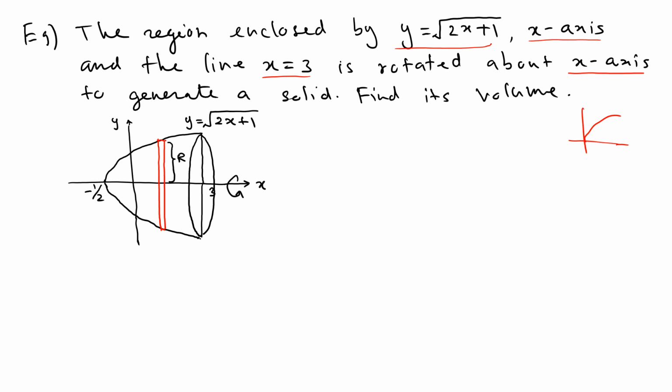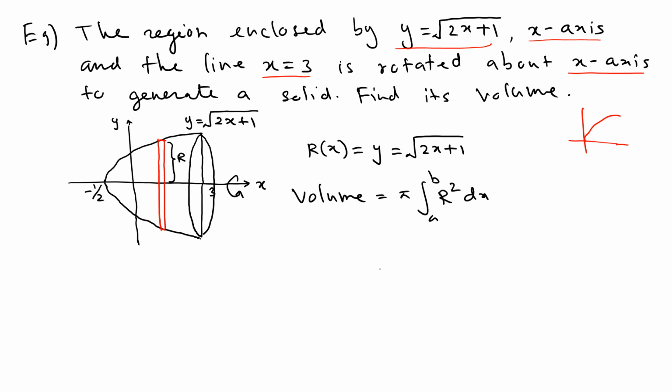So we can write it. Again, it's r of x, not r of y. It's a y coordinate, but the y coordinate equals the square root of 2x plus 1. Okay, very good. So we can have the volume formula. The volume is pi times the integral from a to b of r squared dx.